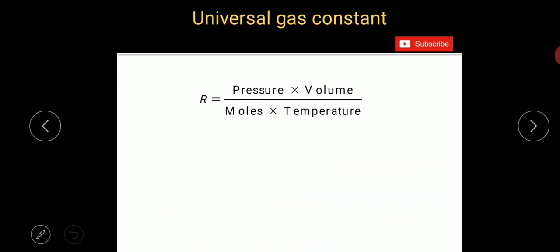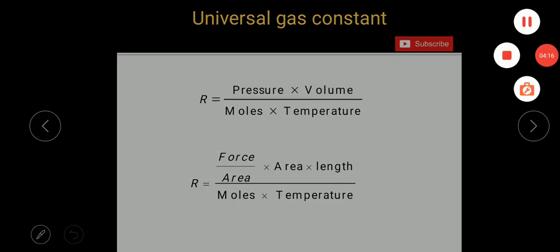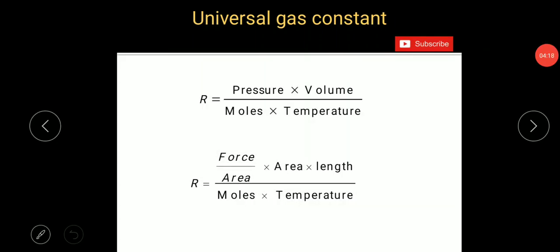So the expression for universal gas constant is product of pressure and volume divided by product of moles and temperature. In this, pressure can be written as force per area and volume can be written as product of area and length.